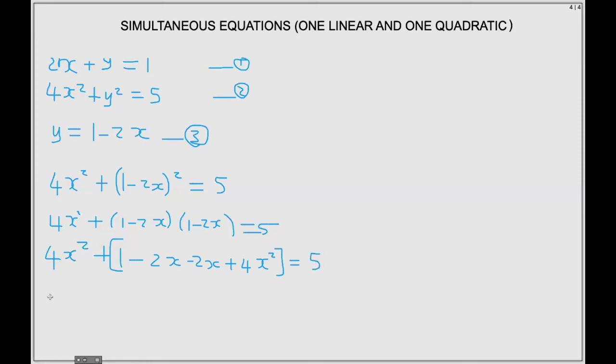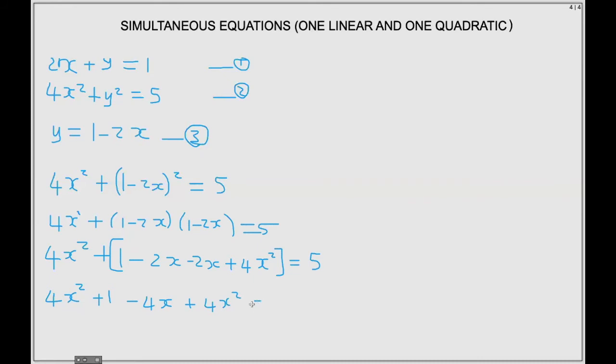Now simplifying within the square bracket, let's rewrite the 4x squared. In the square bracket, the minus 2x and the minus 2x, we can add them. But you realize you have a positive sign, so the positive sign will not affect anything. So we just have the plus 1, then minus 4x, and plus 4x squared.